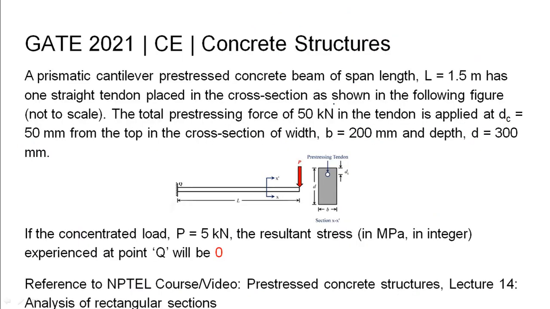So the pre-stressing force was given along with the cross-sectional parameters on a prismatic cantilever pre-stressed beam. External force of P was applied, which was 5 kilonewtons, and the resultant stress on a top point Q was found out to be 0.